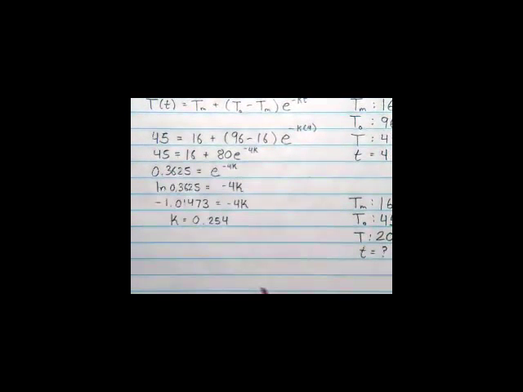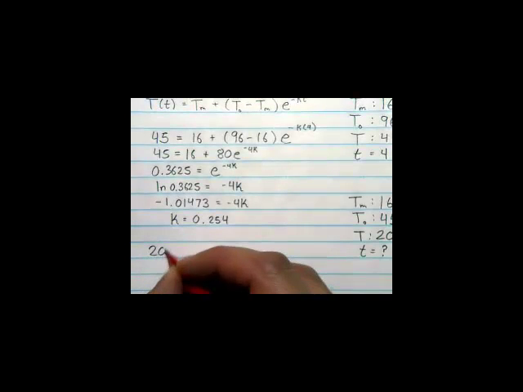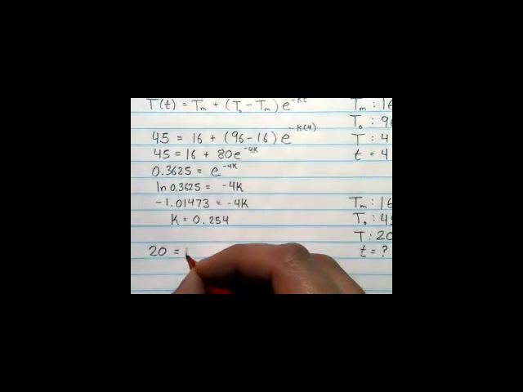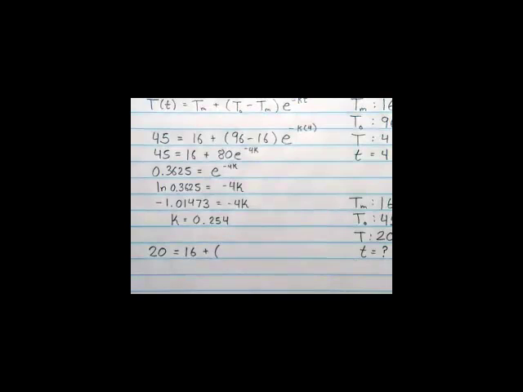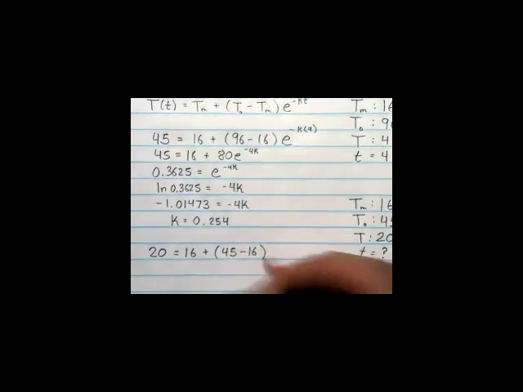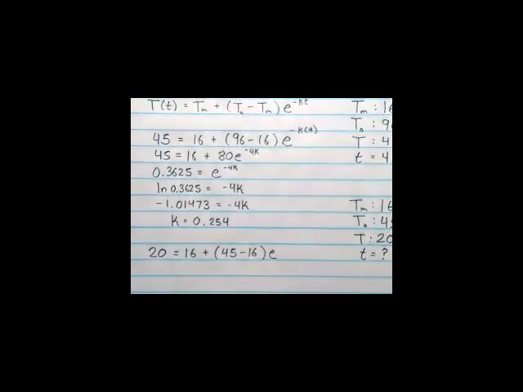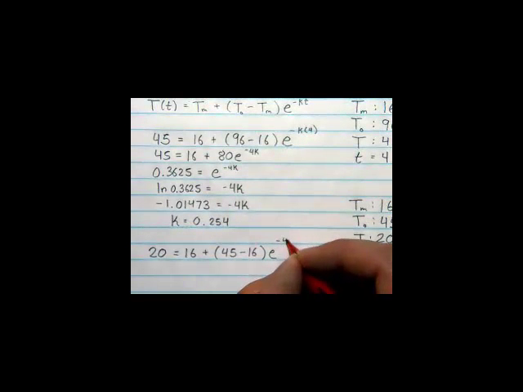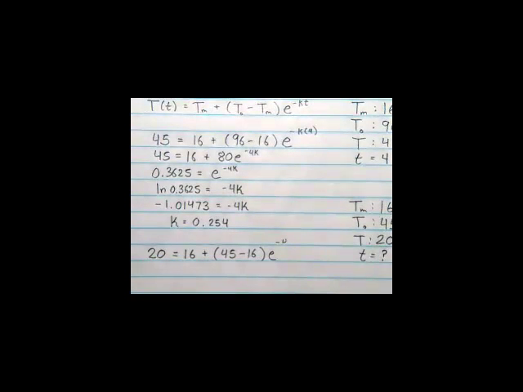So my final temperature, 20, equals 16 plus initial temperature now is 45 minus 16, e to the negative, oh, yeah, we got that. It's not 4 anymore, right?